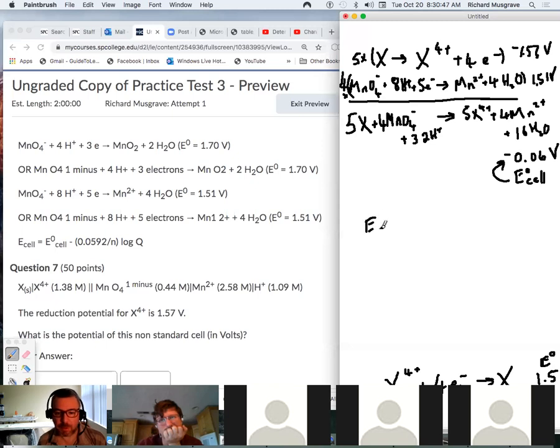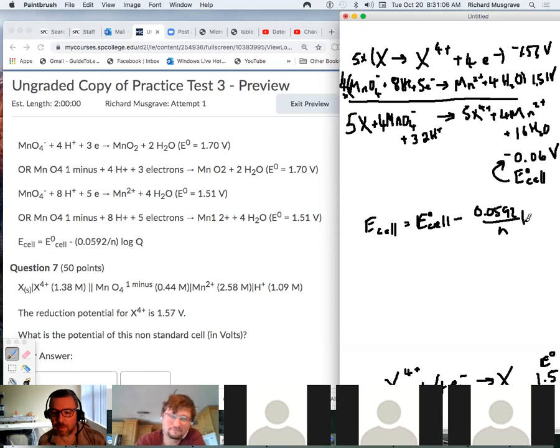So we've got E cell is equal to E0 cell, which we have already, minus 0.0592 divided by n times the log to base 10 of Q. So we still need to find n.